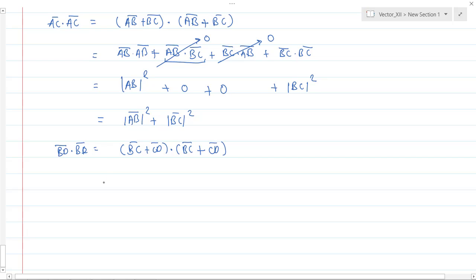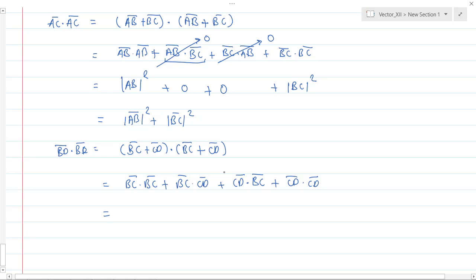Now open the brackets, so you will have BC bar dot BC bar plus BC bar dot CD bar plus CD bar dot BC bar plus CD bar dot CD bar.